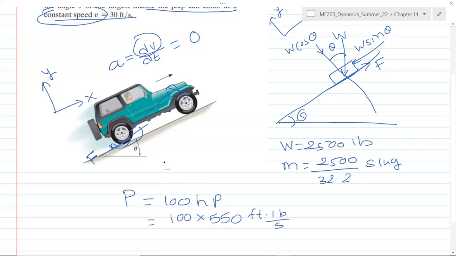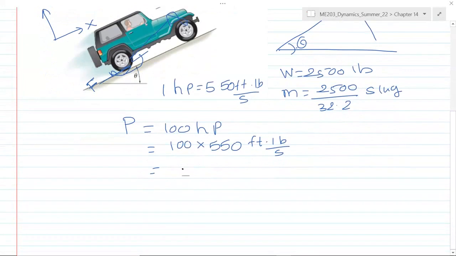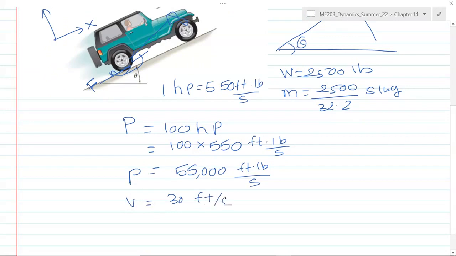One horsepower is equal to 550 foot pound per second. So we multiply 100 with that, and we get the power of the jeep, which is 55 and then 3 zeros, foot pound per second. Speed of the jeep is given as 30 feet per second.